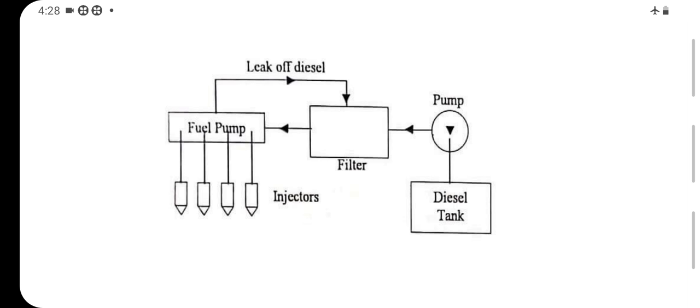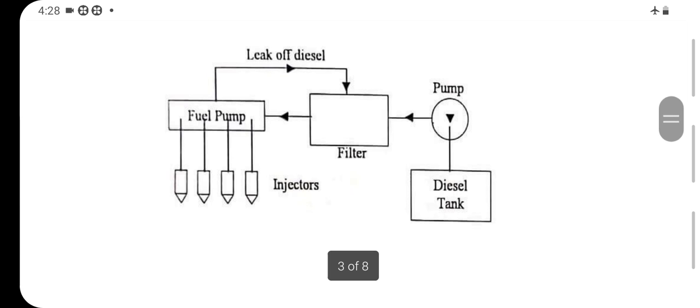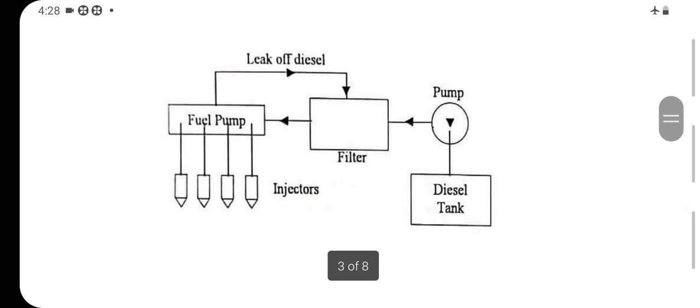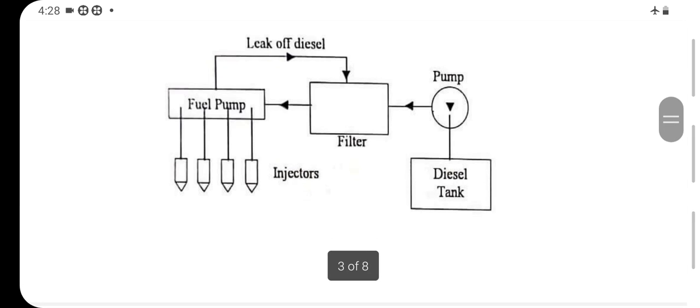It consists of fuel tank, fuel filter, fuel pump, fuel supply line, fuel injectors. The fuel from the fuel tank is drawn into the fuel supply pump through the coarse filter. The pressure of fuel is increased slightly.